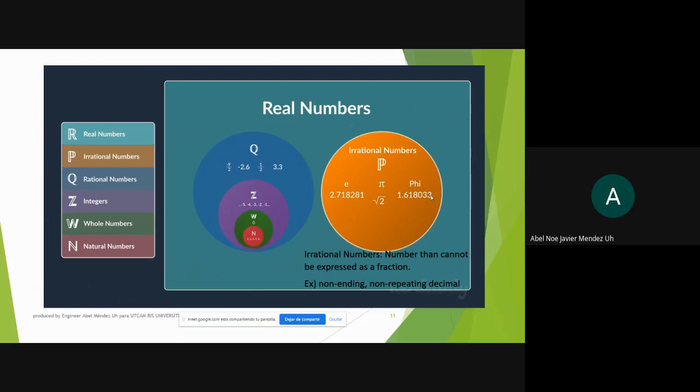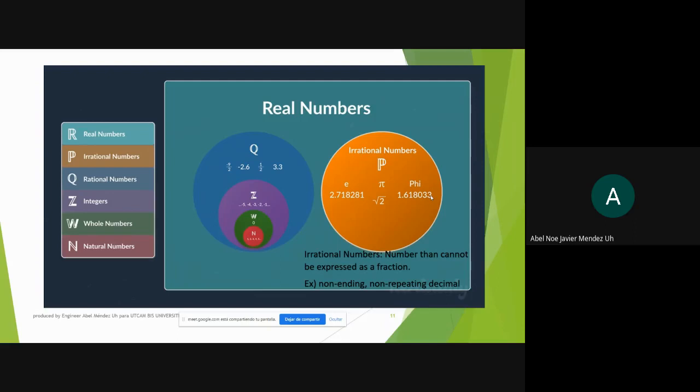Example, non-ending, like pi, like the constant e, that is the logarithmic constant. Another characteristic, non-repeating decimal, okay?